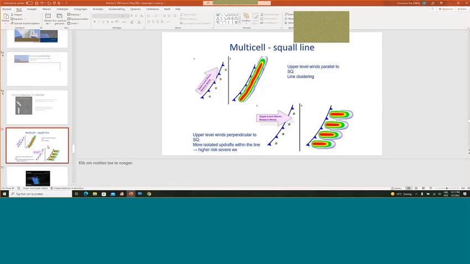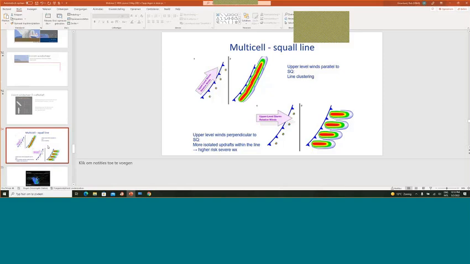which moves away from one point in time, and that has to do with how accurate the steering background flow is, more or less making an angle with your line of convergence, and mostly the line of convergence is the same as a frontal system or cold front or a trough.